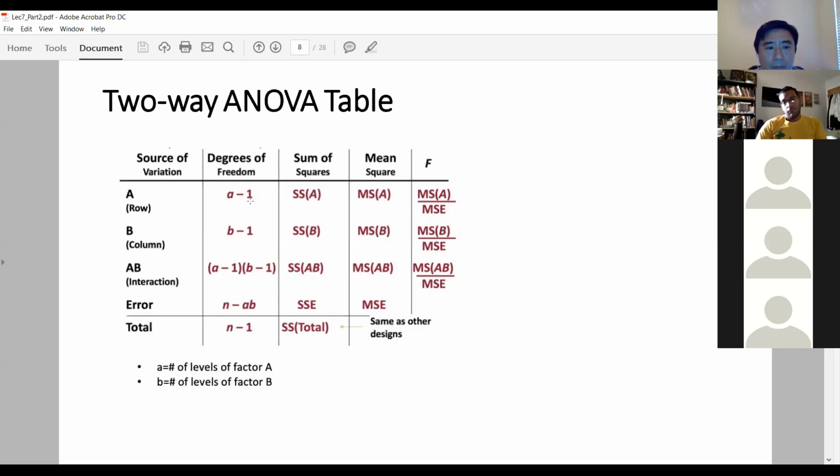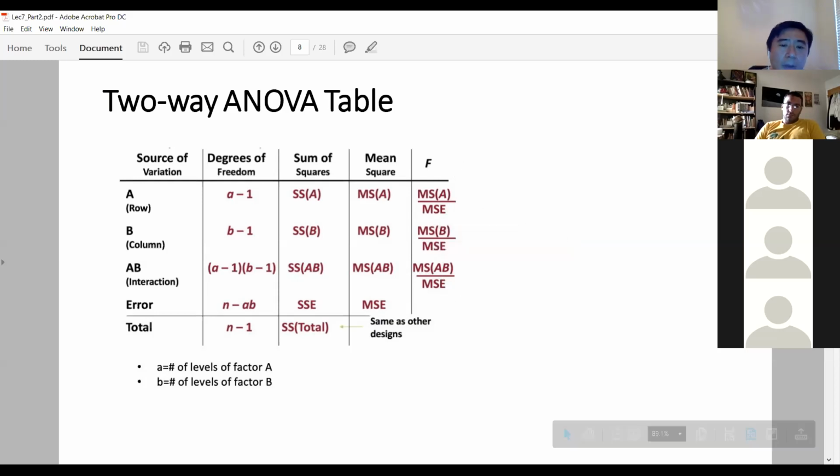The F-score is equal to the mean square for each corresponding factor divided by the mean square error. Here we have 3 effects as we introduced in the previous slide: an effect for A, an effect for B, and an effect for A and B. Each mean square for that factor is divided by the mean square error, so the mean square error is always the denominator for the F value.